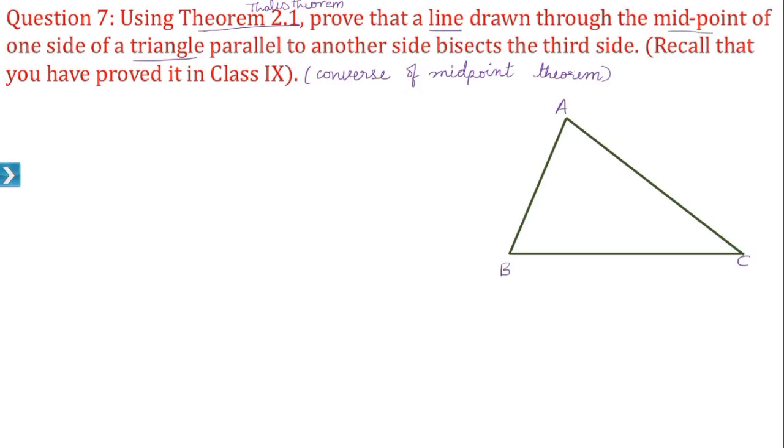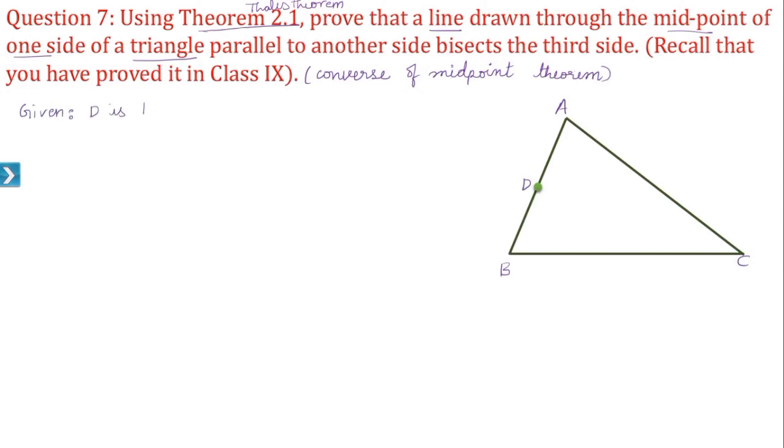Now line drawn through the midpoint of one side. Let D be the midpoint of AB. Now we have to draw a line through point D. D is the midpoint of AB. Now draw a line through the midpoint, that is through D.